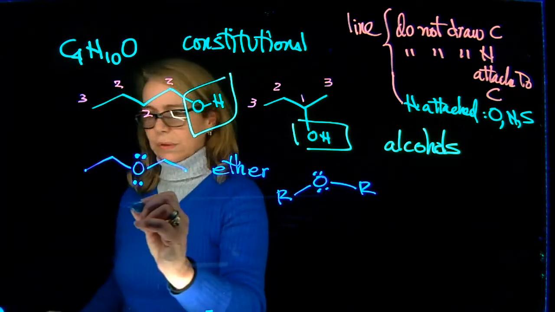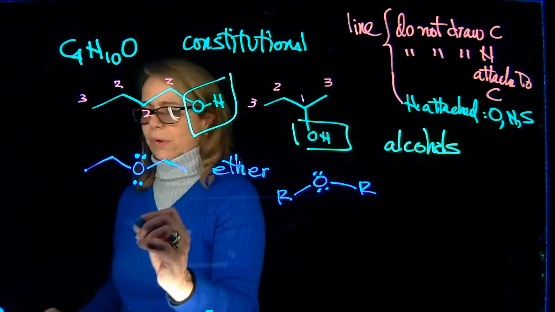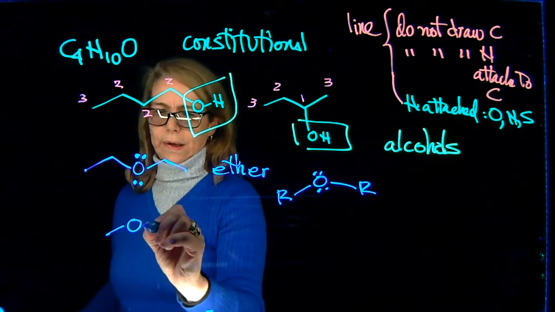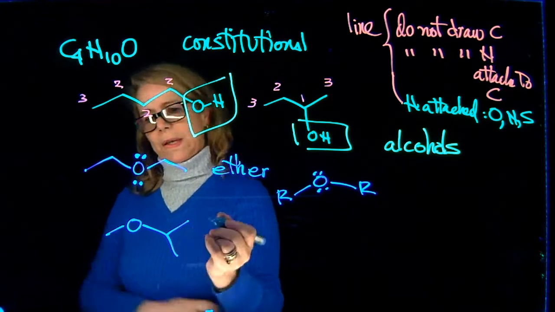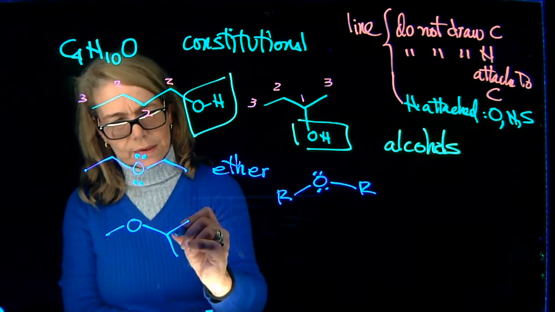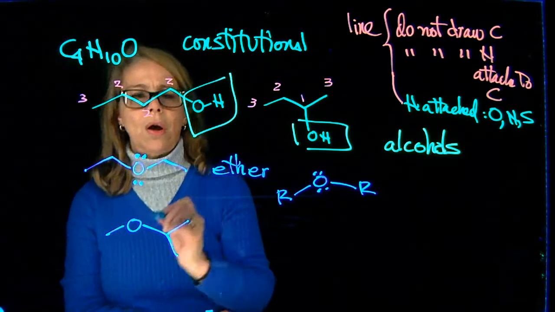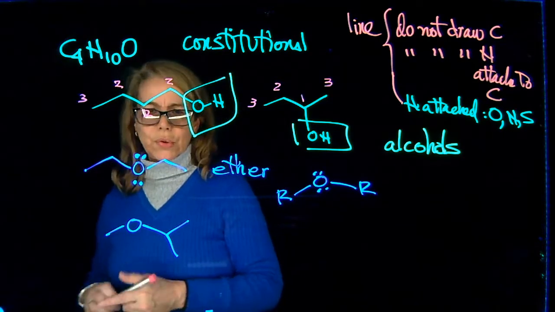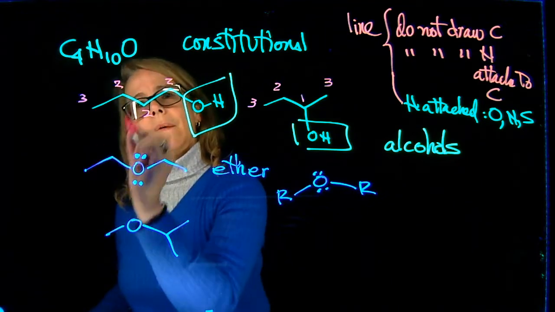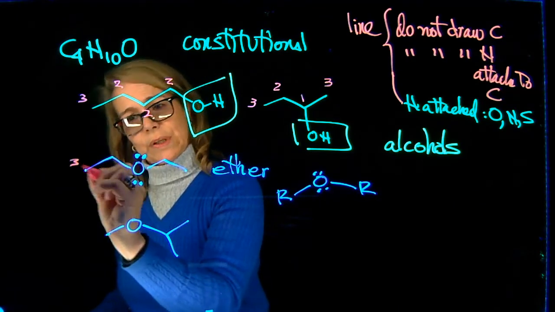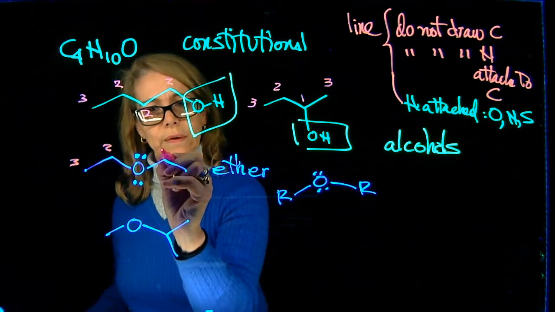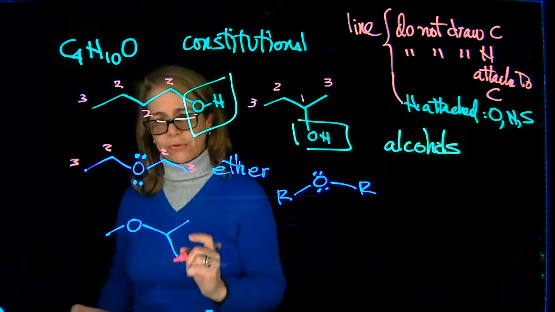But I can also do an unsymmetrical ether. I can have this, where I have 1 carbon here and 1, 2, 3 here, so 4 total. Counting the hydrogens that I need, here I would need 3, and 2, and this is 2 and 3, that's 10 hydrogens.